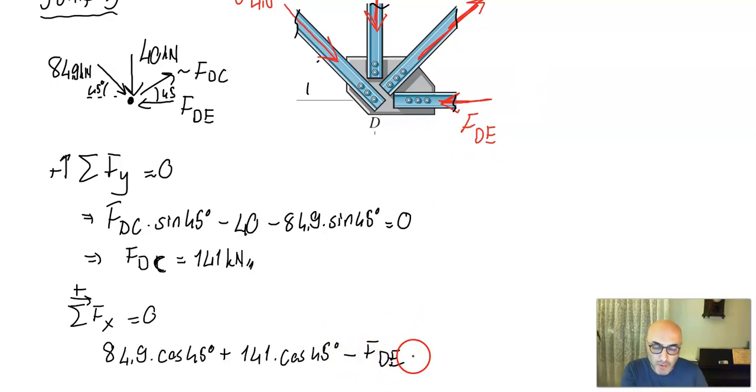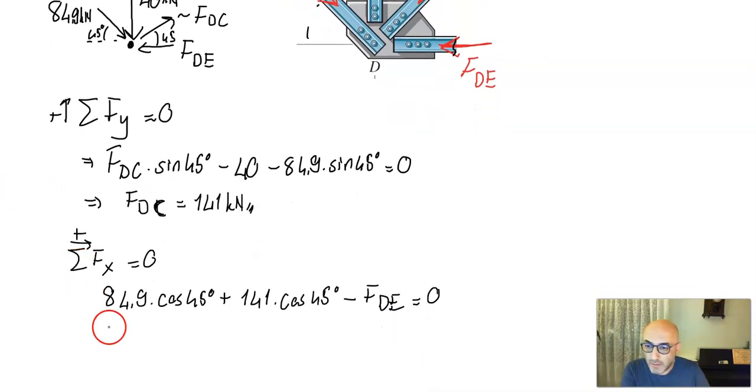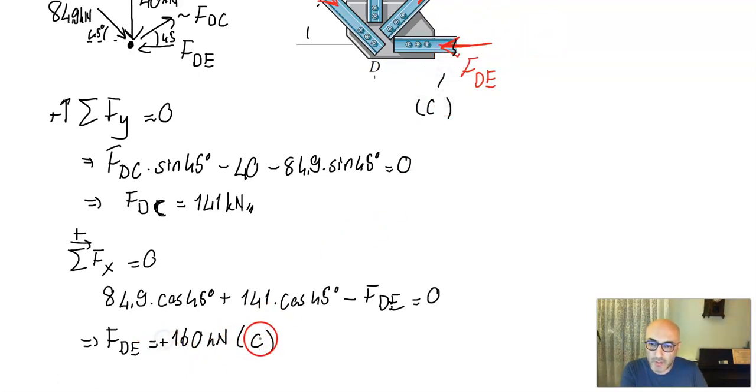That will be equal to 0, and this equation yields FDE equal to 160 kilonewton, and that's compression. The initial assumption was that this is compression, so I find a positive result here, which makes FDE compression.